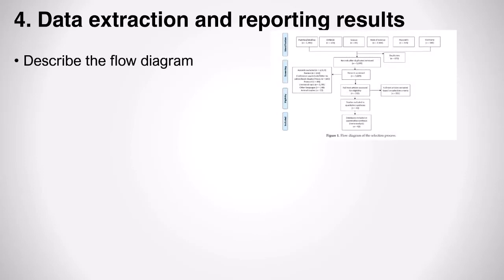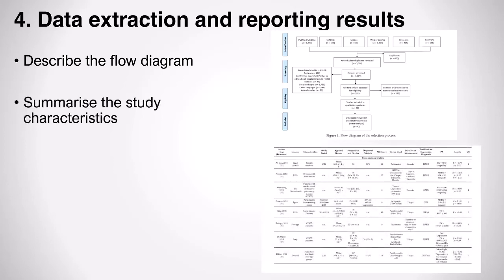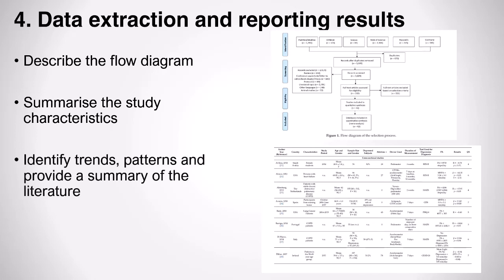So when you're reporting your results, you describe the PRISMA in a flow diagram, summarize the study characteristics, and in your results section, the same rule applies as with all scientific articles. You just describe what the image shows.